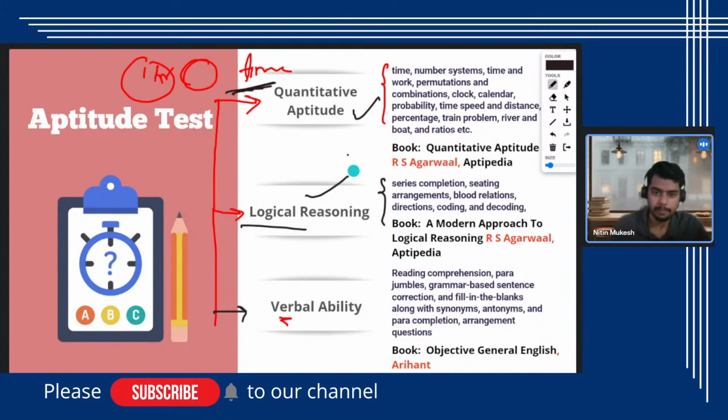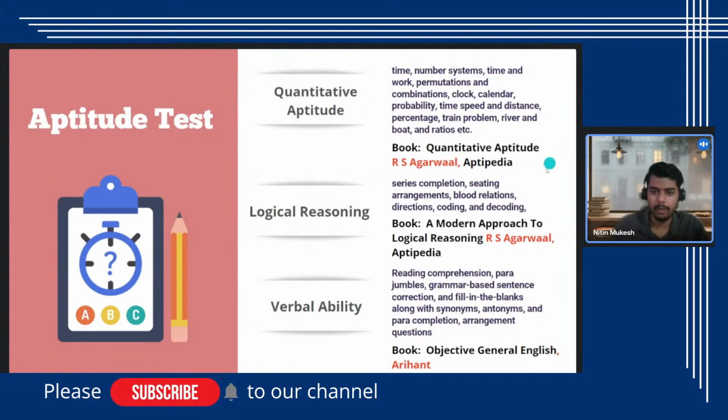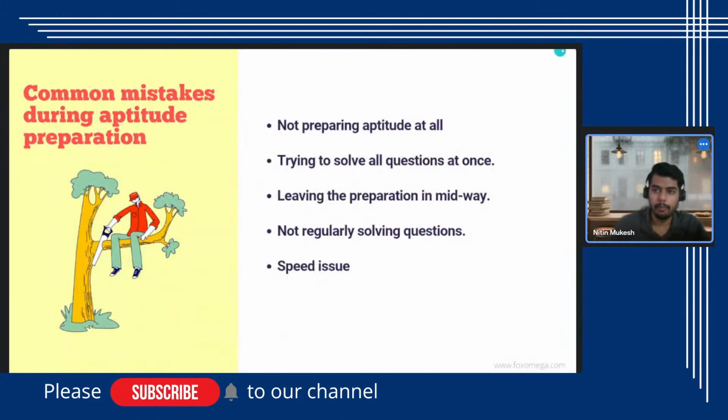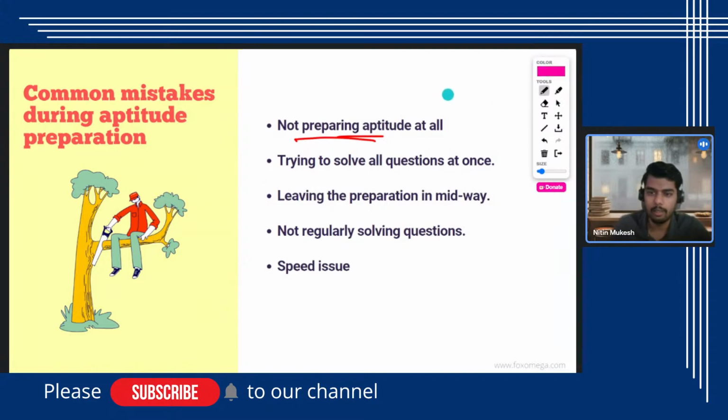So I'm going to give you some tips about how you can optimize your aptitude ability. First of all, let me discuss some common mistakes. Generally people don't prepare aptitude at all. Students think that maybe they know all these topics from school time, so what is the need to prepare? The thing you need to keep in mind is that the preparation is for you, because you want to excel among the students.